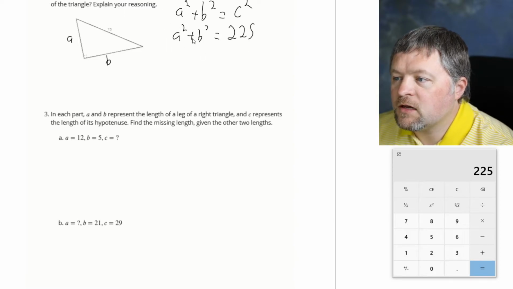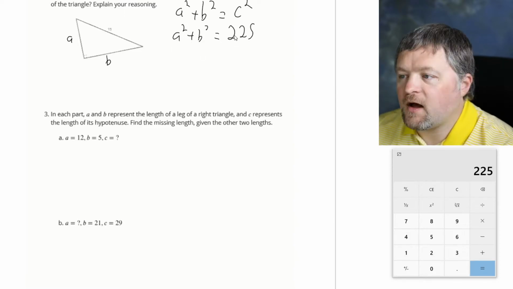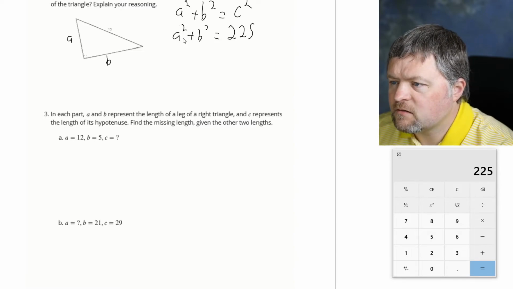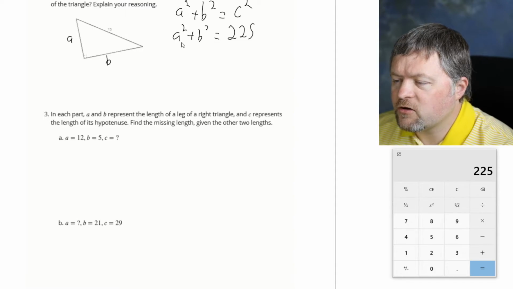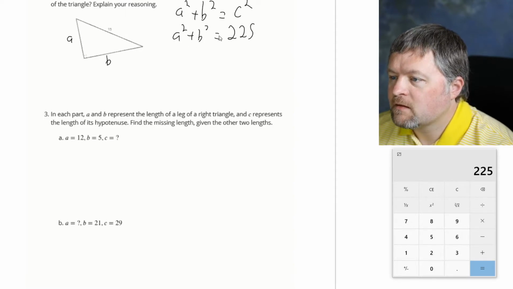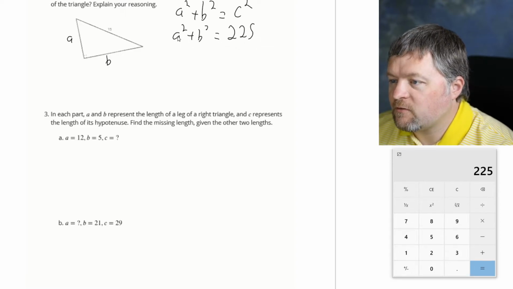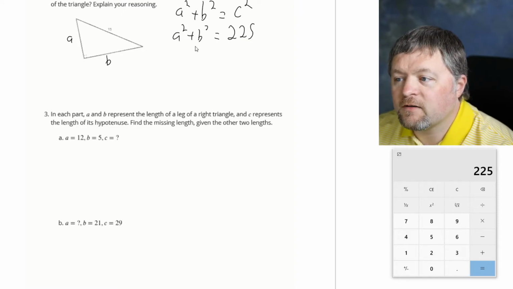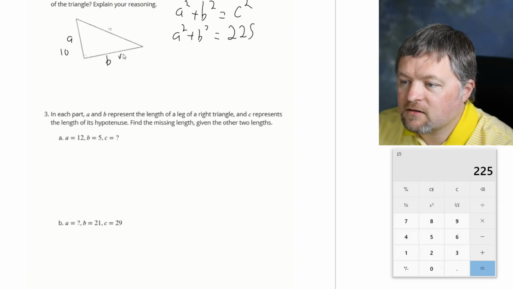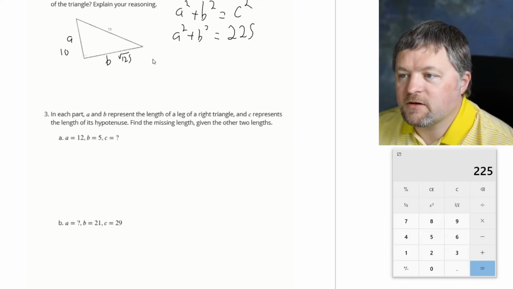What will equal 225? Well, 10 squared is 100. So a could be 10, then what would b be? That would be 100 plus what is 225? Well, 100 plus 125 is 225. So we could have 10 and the square root of 125, whatever that works out to be.